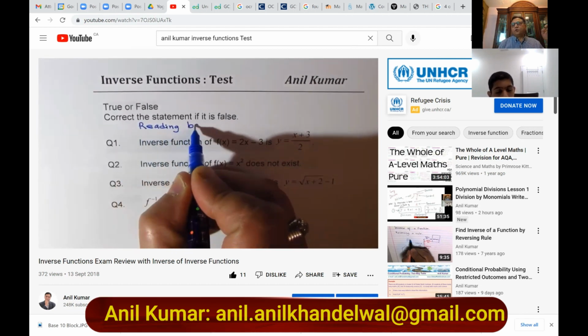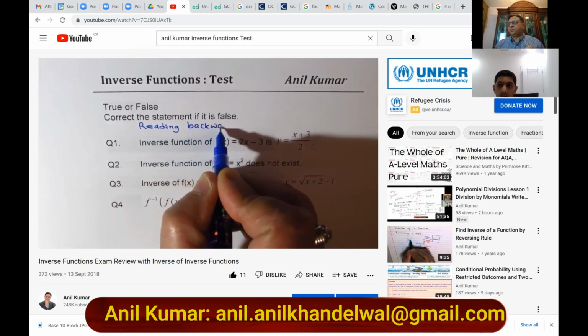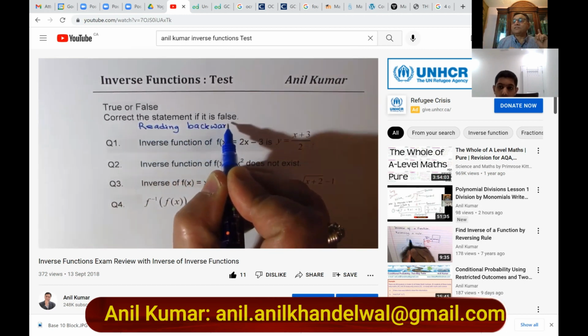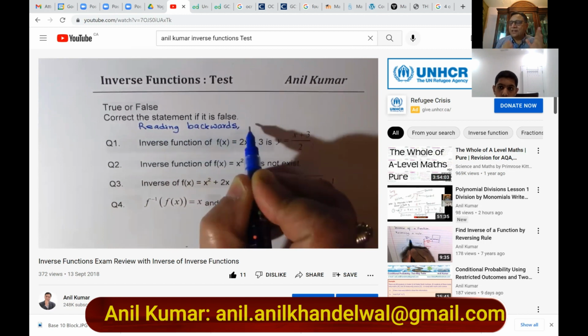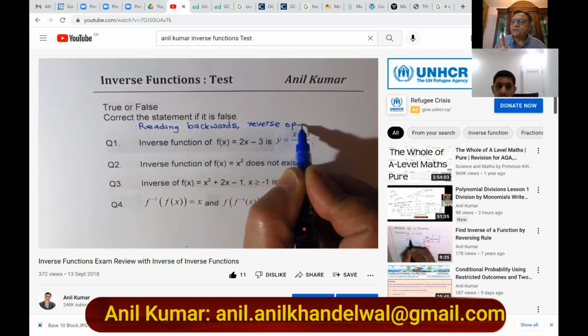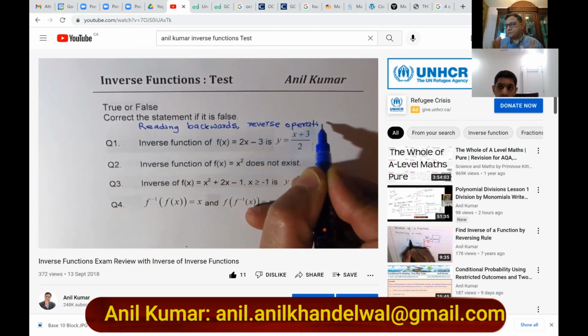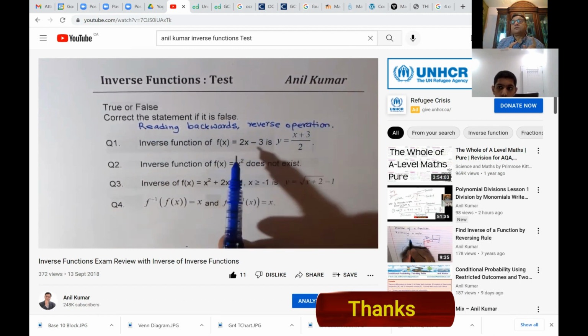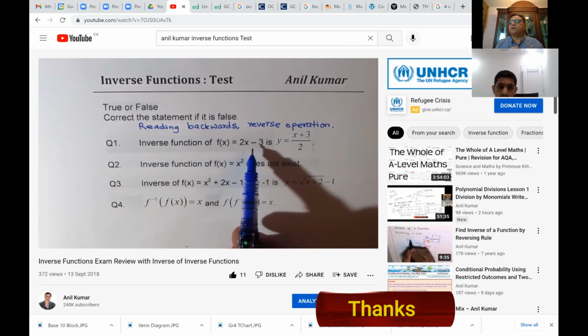Basically, if you put the input, you get the output, and if you put the output in, you get the input, which is x. You get the idea. So that is the basic definition where it is a one-to-one function. So if it is a one-to-one function, in that case, the statement is always true.